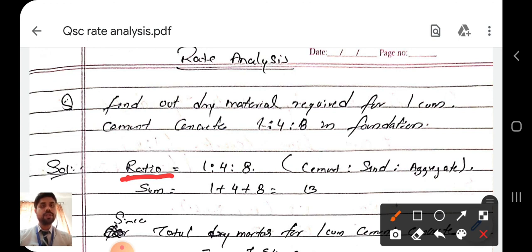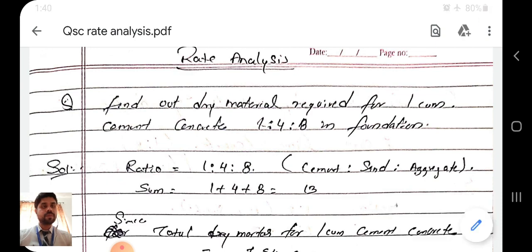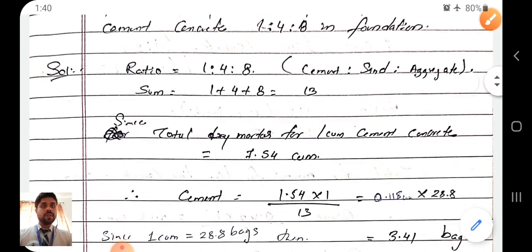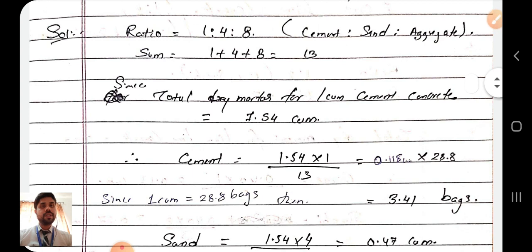After summation, 1 plus 4 plus 8, we get 13. Since here you can see the total dry material required for 1 cubic meter of cement concrete is 1.54 cubic meter.